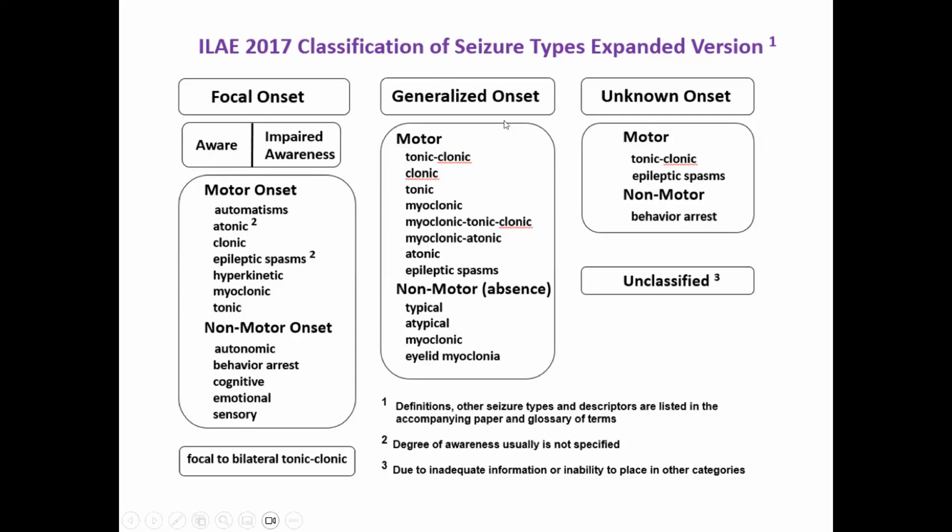So you have to try and get an idea whether it was the left side or the right side that was involved, whether the upper limb or the lower limb, or whether it's both sides. If it was both sides, whether both sides were involved at the beginning, or initially did it start from one side and then progress to the other side? Those are important questions you need to ask in order to classify it into these three.